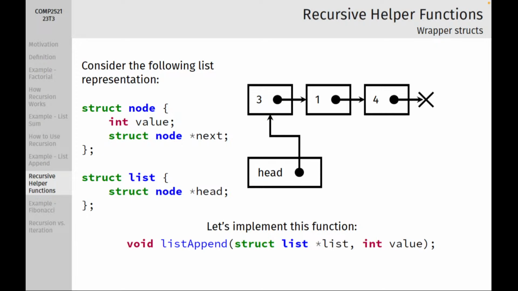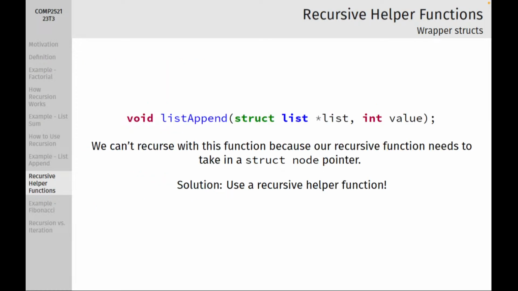And we also looked at how to use recursive helper functions, because sometimes you can't use the function that you're given recursively. You have to create a helper function that can do the right thing and recurse through the list and so on. So now we're going to finish up the last few parts of this lecture.